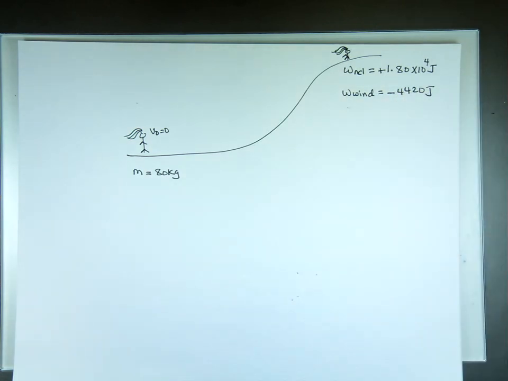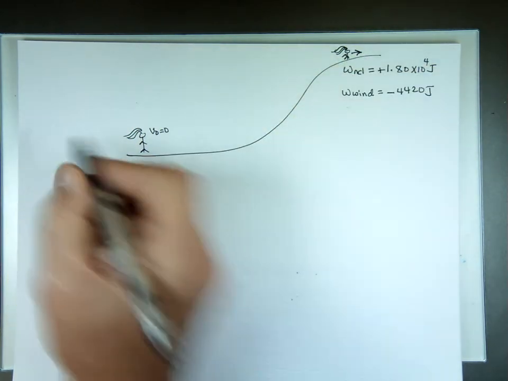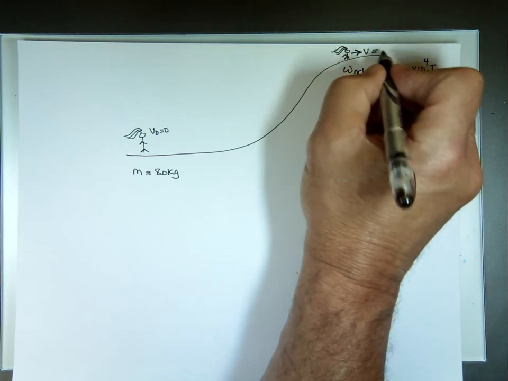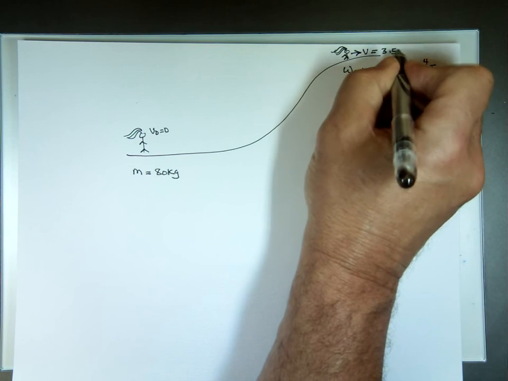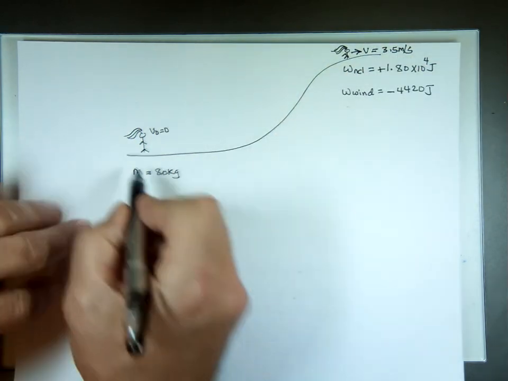And when that jogger reaches right there, we know the speed of the jogger was 3.5 meters per second. Probably the question: how high? Yep. What's the height of the hill? How high is that hill?